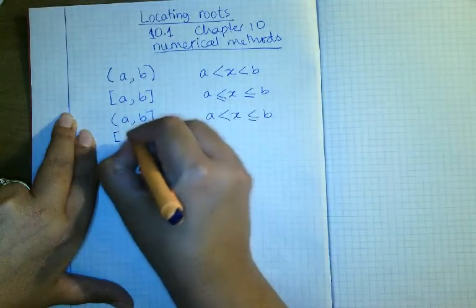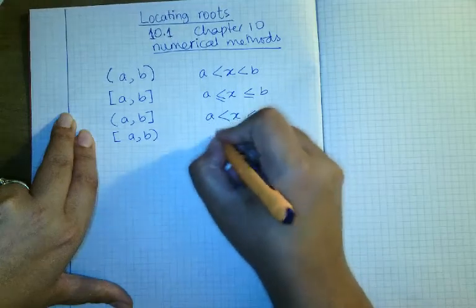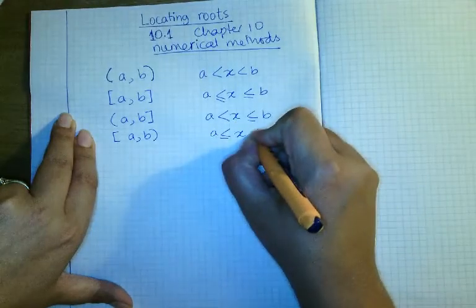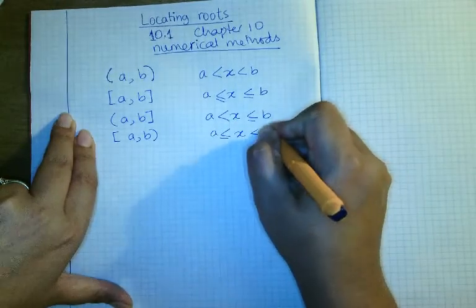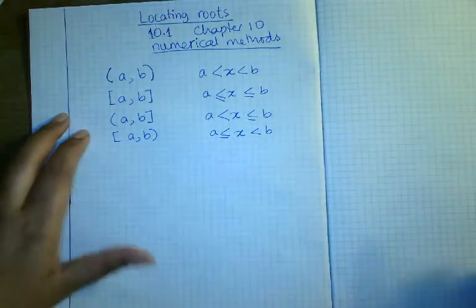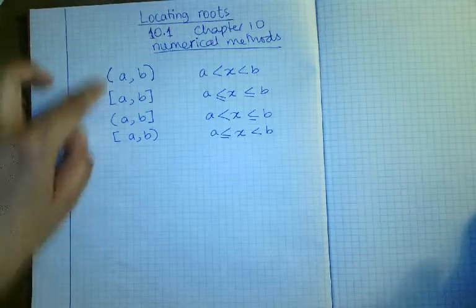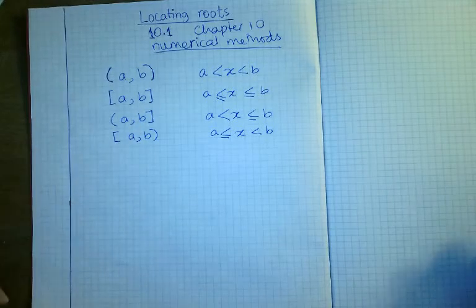Or you might see something like this, and I'm sure you are able to work out that this means x is greater than or equal to a but less than b. Okay, so in terms of notation, this is something new that you're going to meet in this chapter.